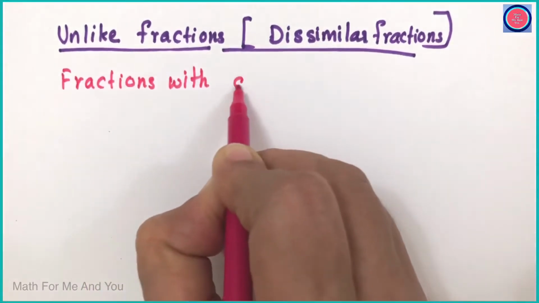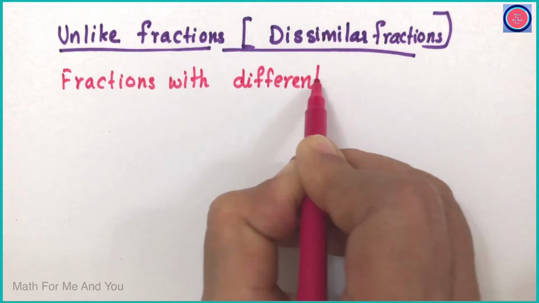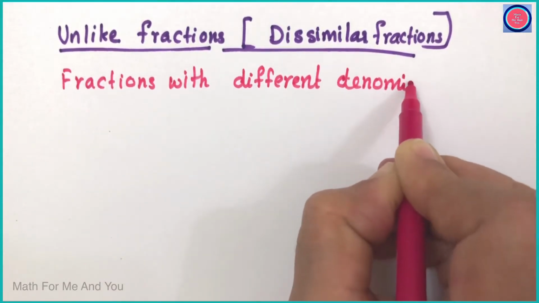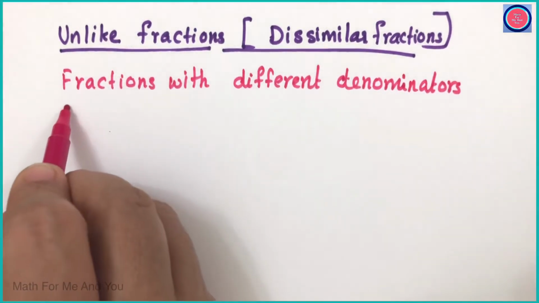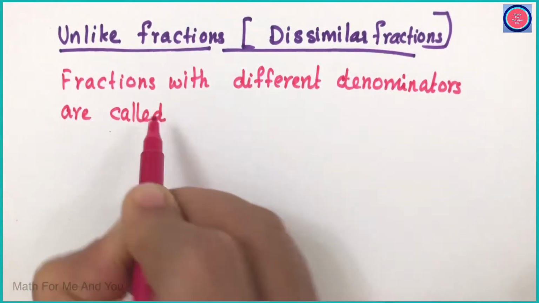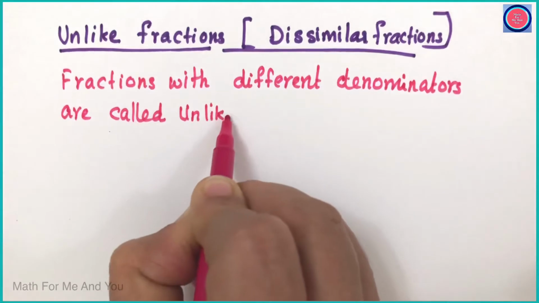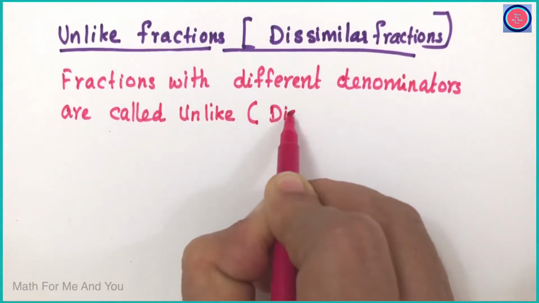Unlike fractions, the other name is dissimilar fractions. Here also we don't care about numerators. Numerators can be any number, but the denominators must be different. They cannot be equal.